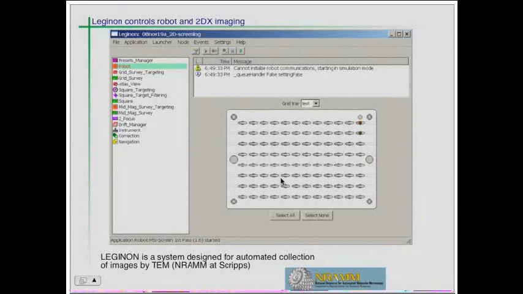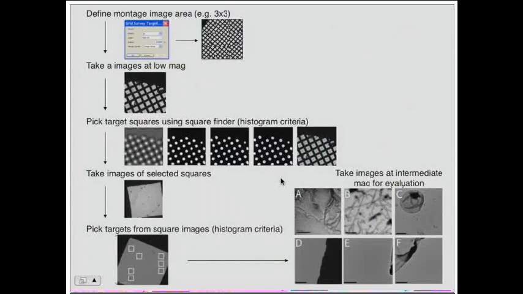And as I said, the imaging is controlled by Leginon. And this is the scheme that we use for imaging. We do a montage, an atlas of the grid, 3 by 3 in this case. We take images at low magnification.